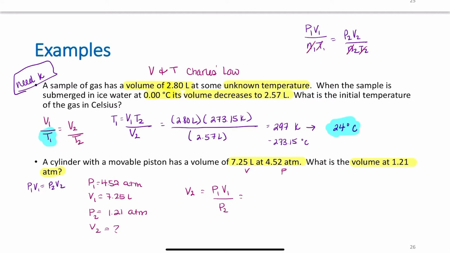Rearrange our equation to solve for V2. P1 is 4.52 atmospheres. V1 is 7.25 liters. And P2 is 1.21 atmospheres. If you're ever unsure, just make sure your units are canceling. And we see we get 27.1 liters here.